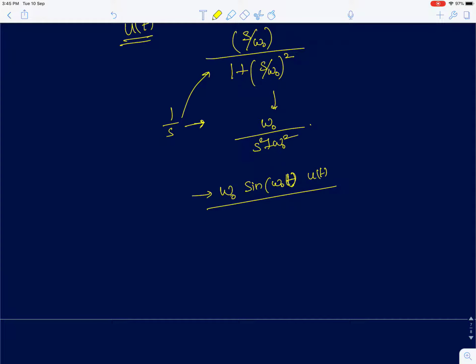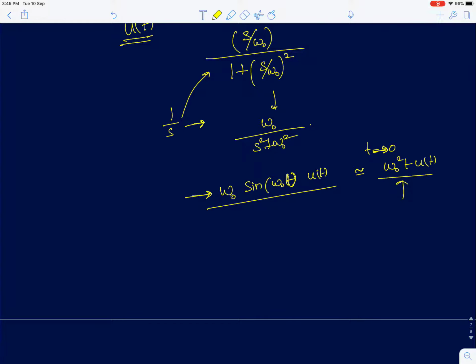Okay. Again, this output should also look very intuitive, because for a sine of x, for very small t, at t tending to 0, this function reduces to omega naught into t into u of t. So it should behave like a ramp function at t equal to 0.